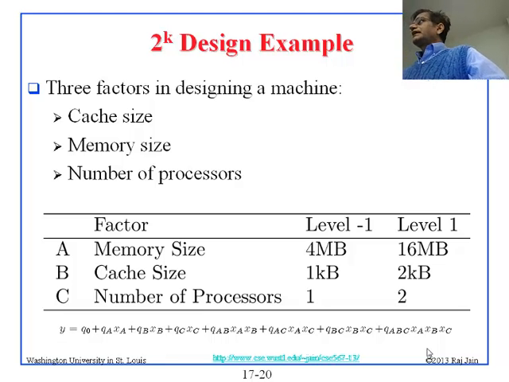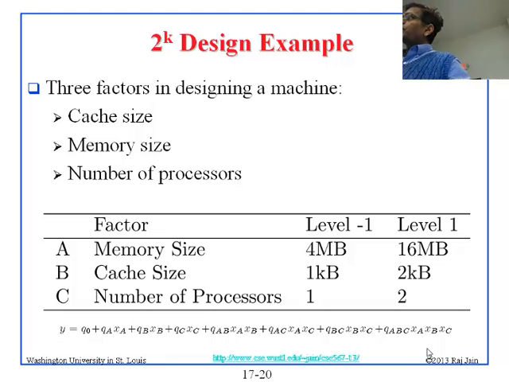Then the last term is qABC xA xB xC. This is a three-factor interaction. This was not there so far, so this is a new thing that I just want to introduce here. So now we have two-factor and three-factor interactions, and obviously the main effects and then the mean.